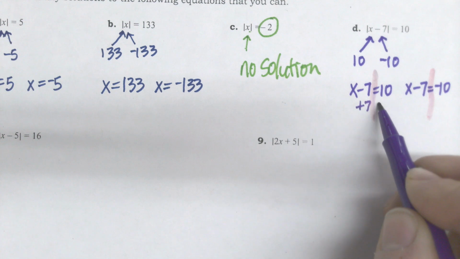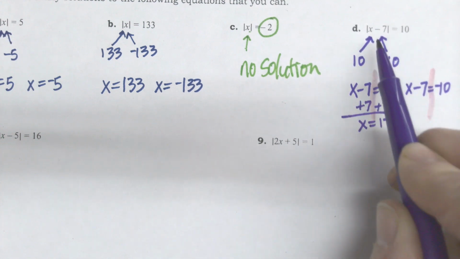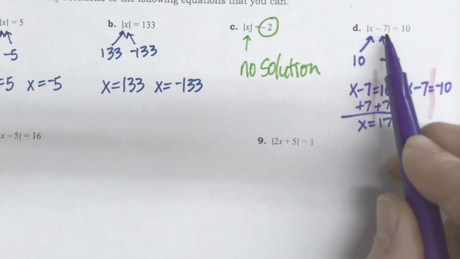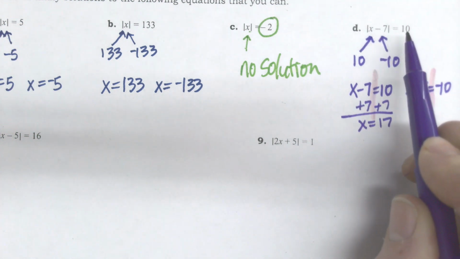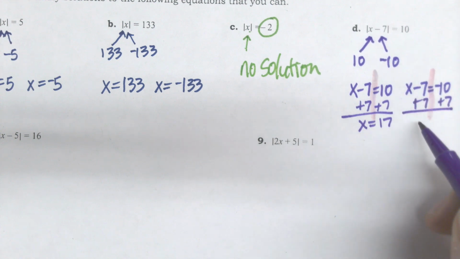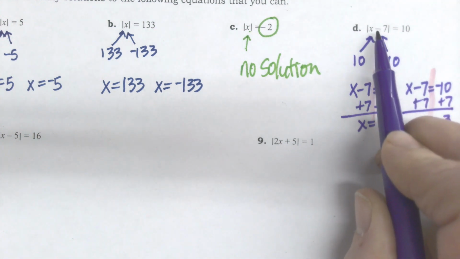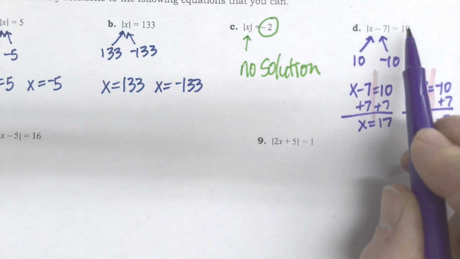I would add 7, right? So x is 17, and that makes sense. 17 minus 7 is 10, and the absolute value of 10 is 10. On the other side, I add 7, and I get -3. Does that make sense? -3 minus 7 is -10, and the absolute value of -10 is +10.